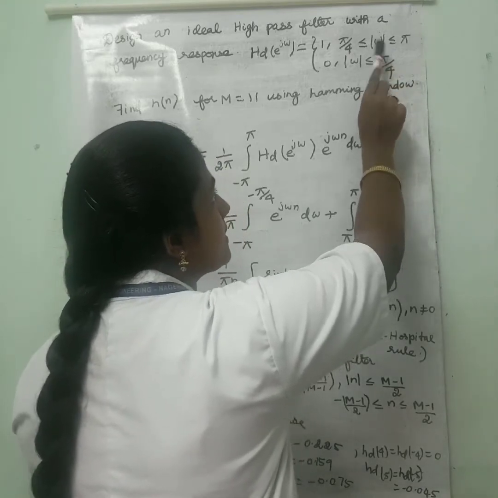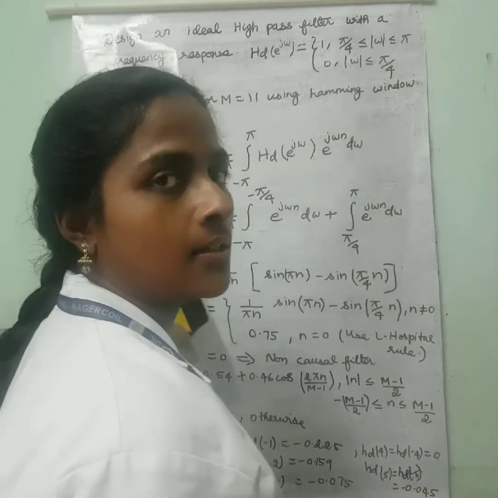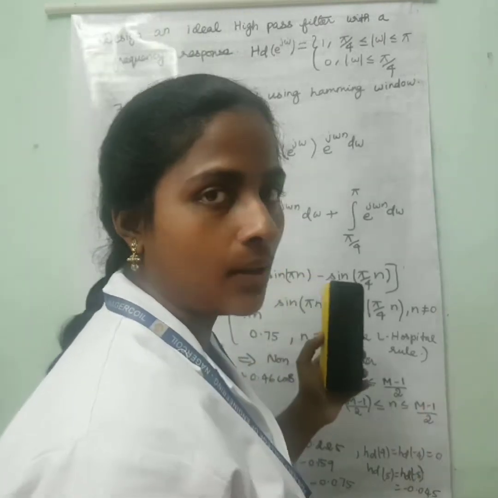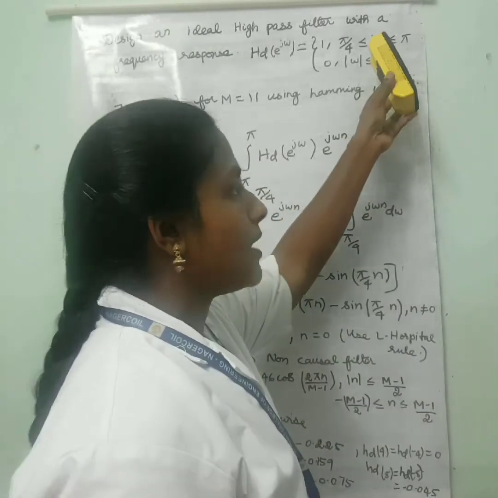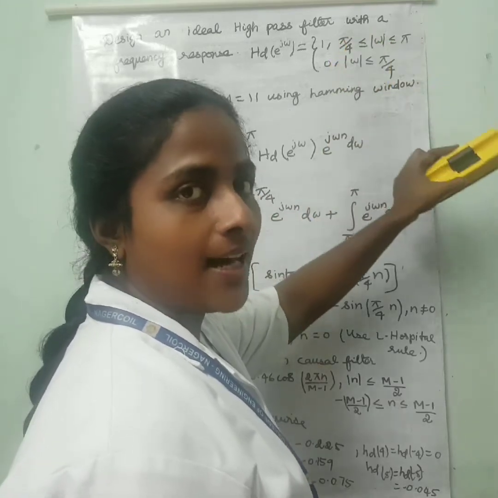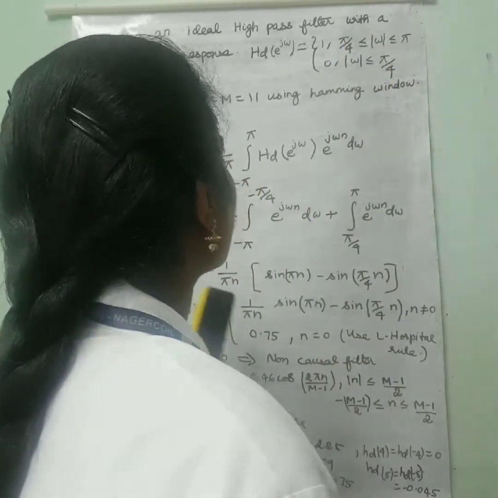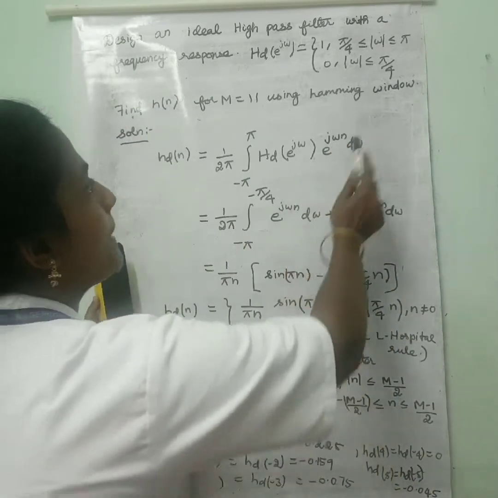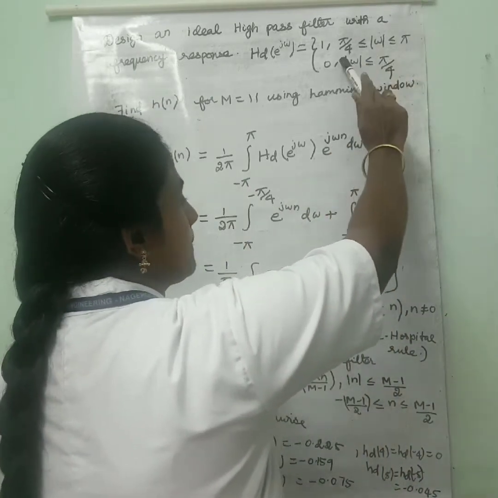Modulus of omega means we have to take both positive value and also negative value. So you will take this one as minus pi to minus pi by 4.